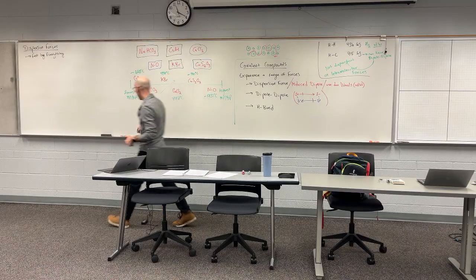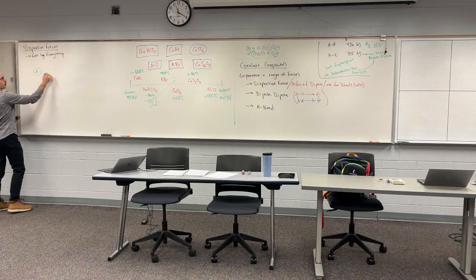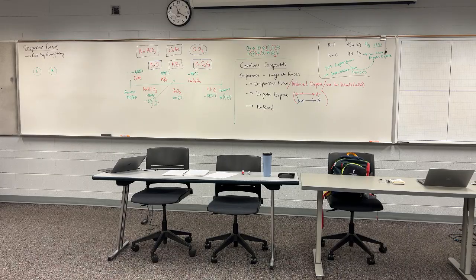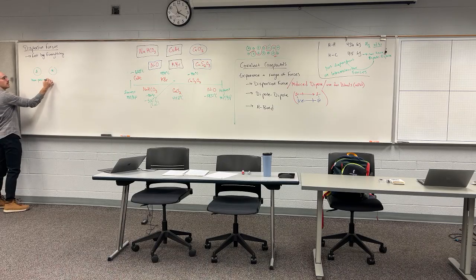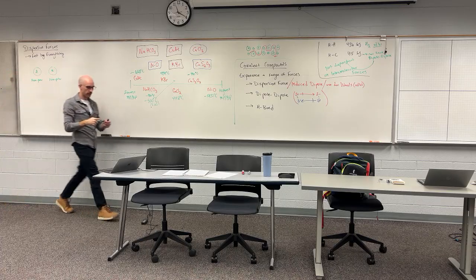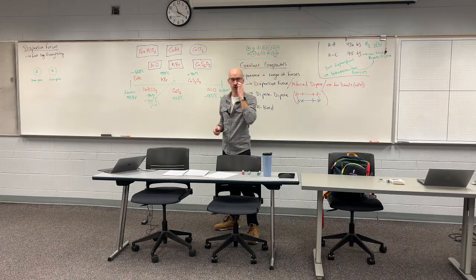So I want us to imagine two molecules. I'm just going to draw them as these representative circles. And let's say that these are both non-polar compounds. That means that there is no region on the molecule that is more negative, no region that is more positive. There's no partial charges.